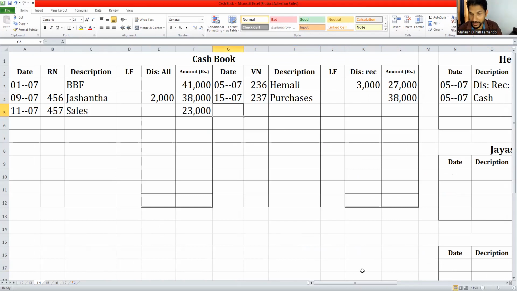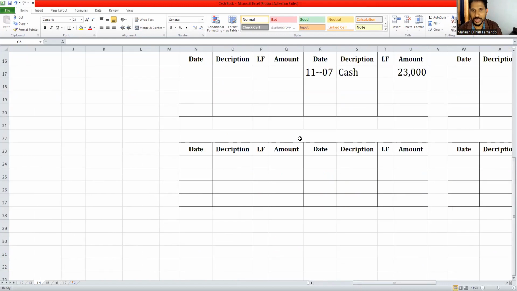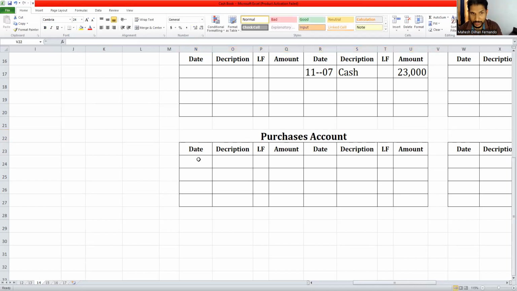Cash book should be credited and you can debit the purchases account. Purchases account is an expense account. On 15th July, you can debit the purchases account 38,000. Purchases account 38,000.